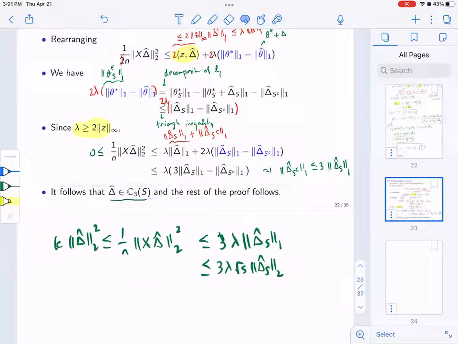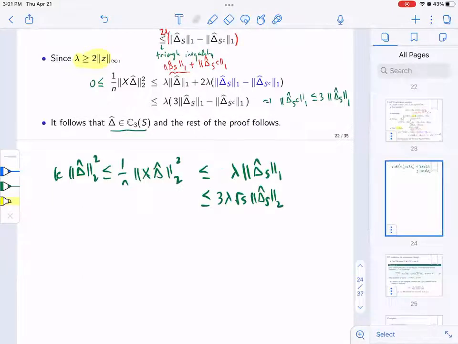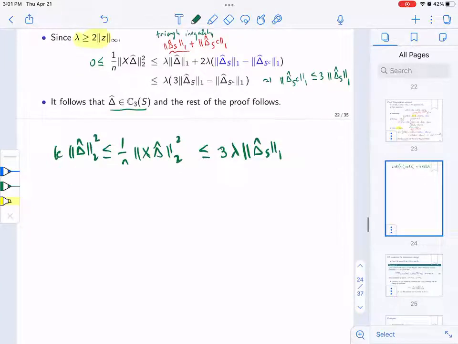Okay, so yeah, delta hat S1 is bounded by, or sorry, delta hat. This one is bounded by what? By 4 delta hat S1, right?